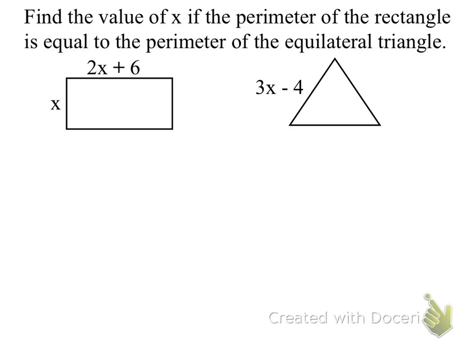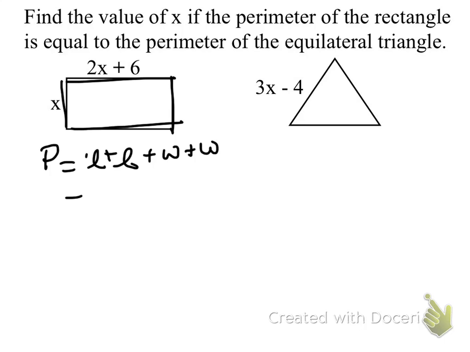Now, no. Formula for a triangle, a rectangle, David. Formula for a rectangle. The perimeter equals, how about this? A length and a length plus a width and a width, right? 1 width, 2 widths, 2 lengths.